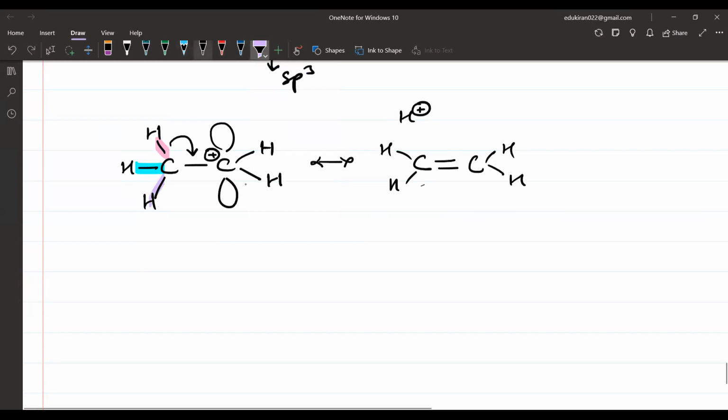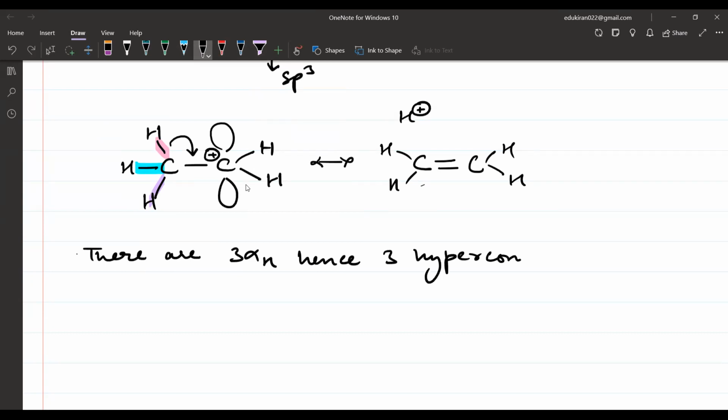That means, please write: there are three alpha hydrogens, hence three hyperconjugating structures are possible.